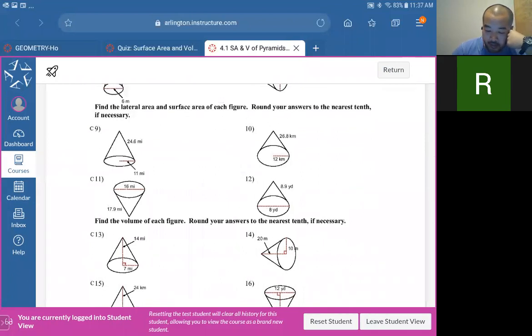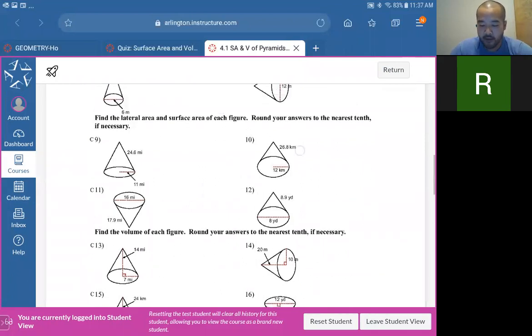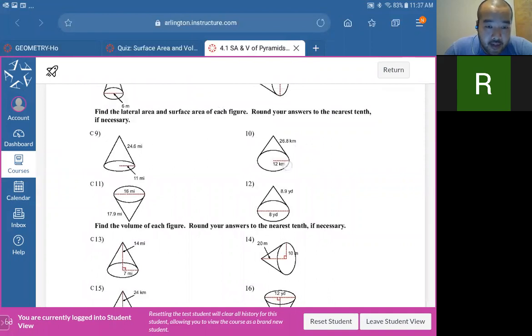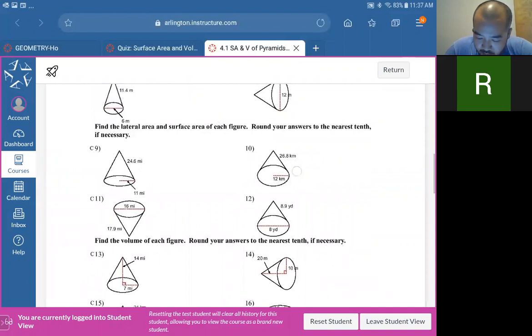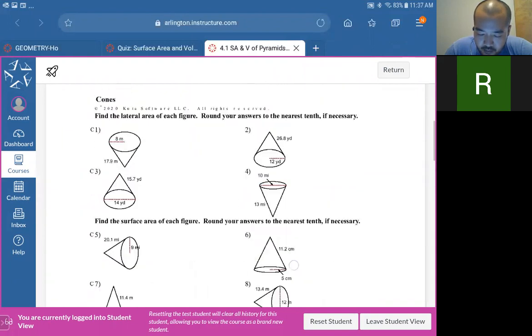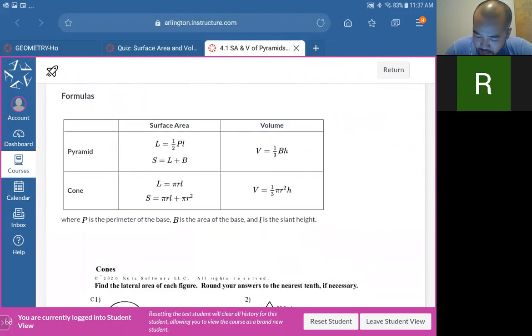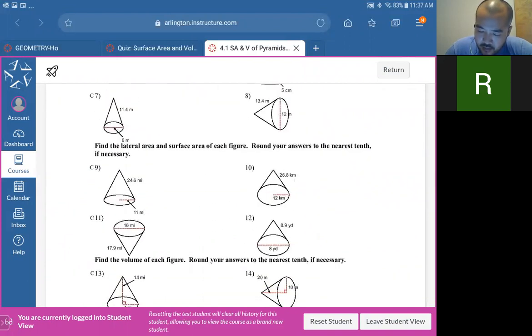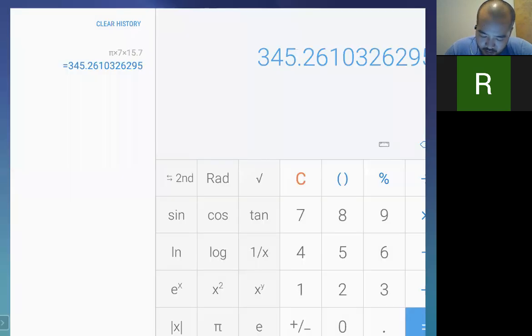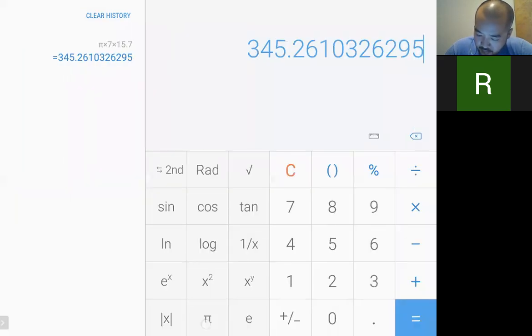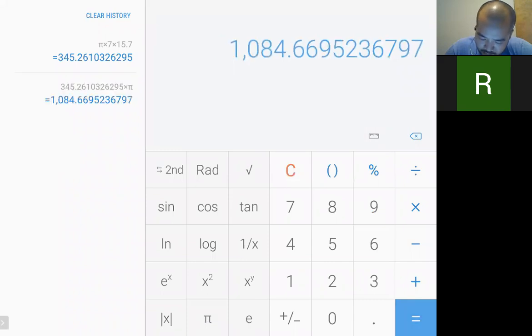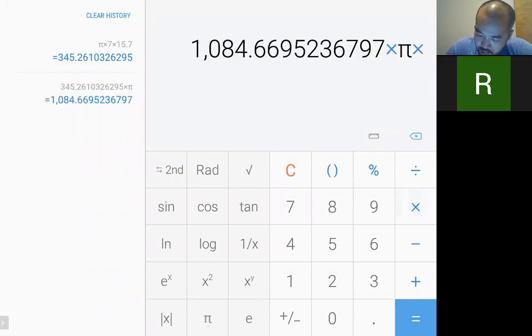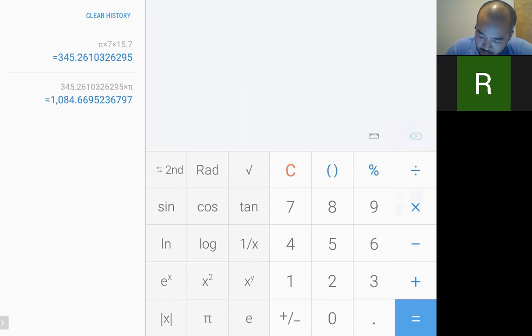Let's do one of these. So you have number 10 here. Slant height is 26.8, and then radius is 12. So your first formula, pi r l: pi times 12 times 26.8.